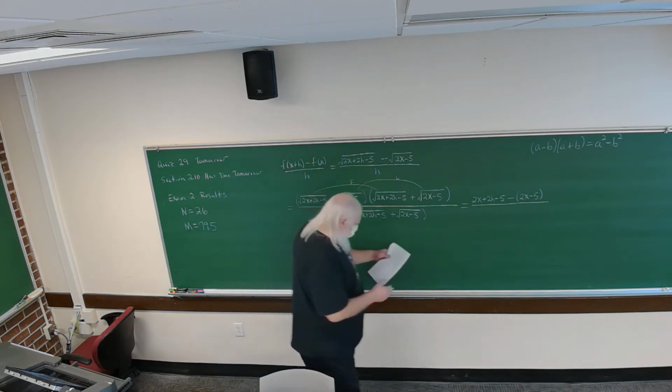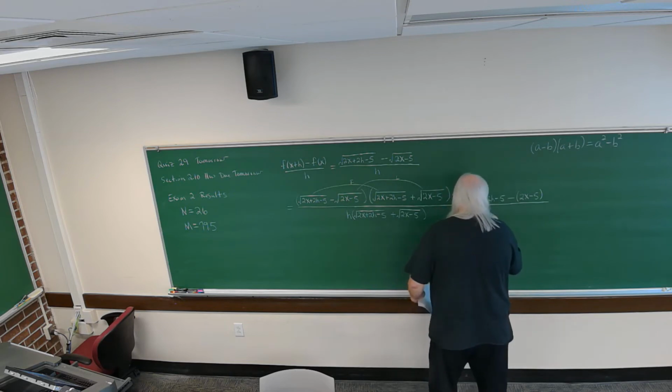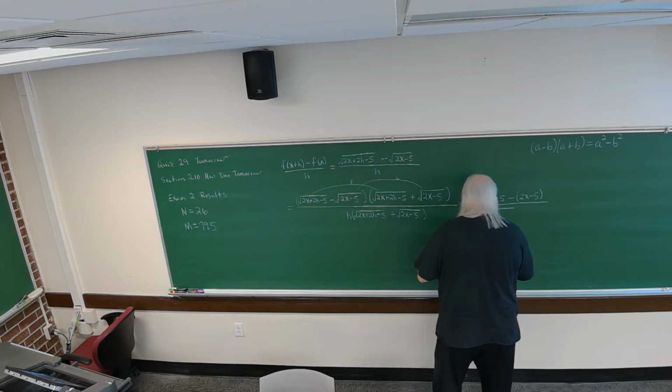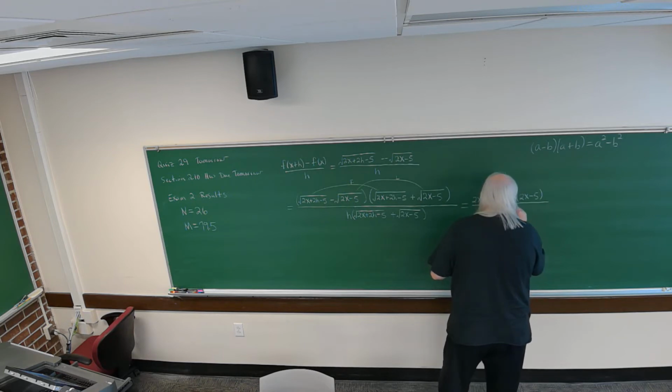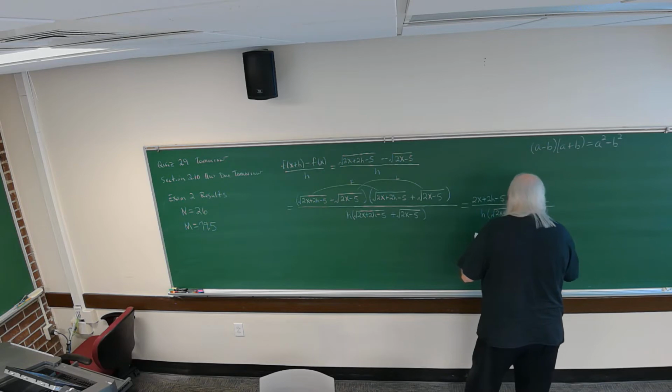And so this is equal to, denominator again, h times the square root 2x plus 2h minus 5 plus the square root 2x minus 5. Okay?